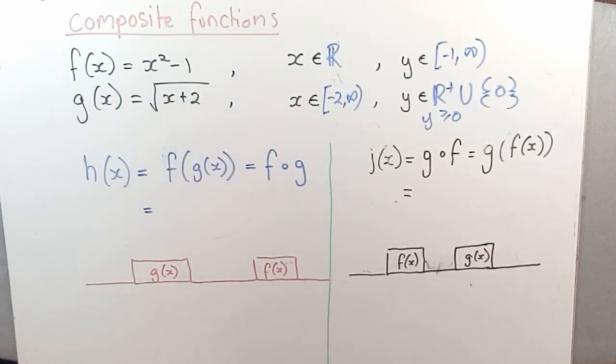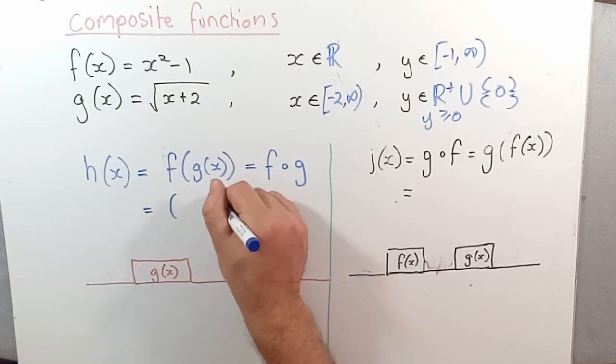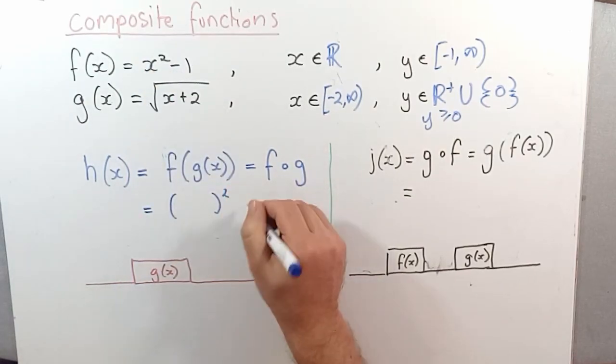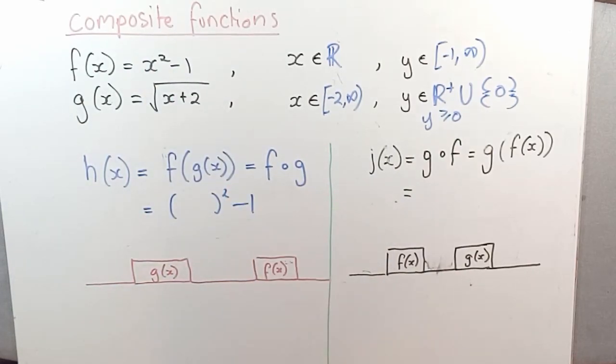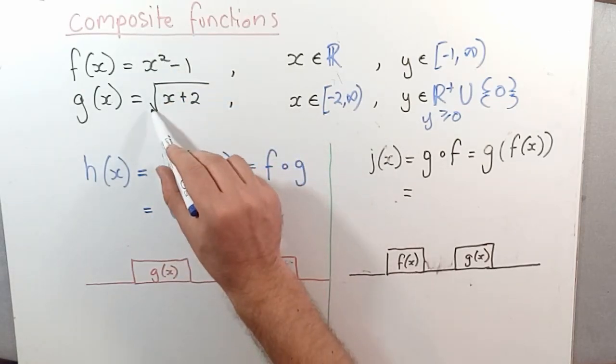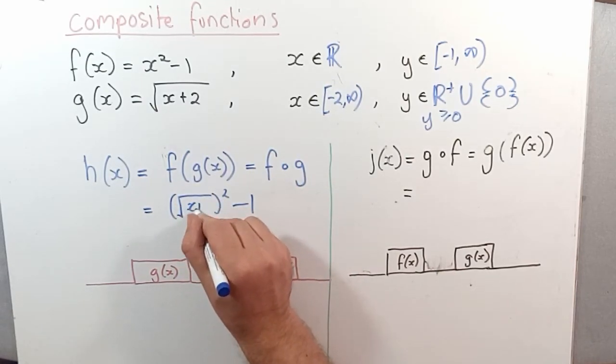The f of x function, the outside function, is something squared, minus 1. That's the outside function. The inside function, g of x, is the square root of x plus 2.